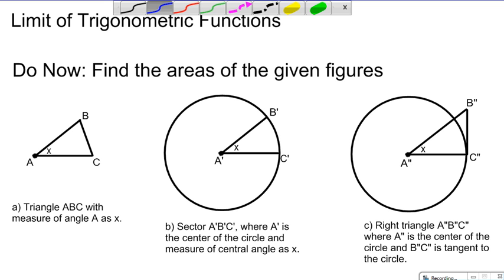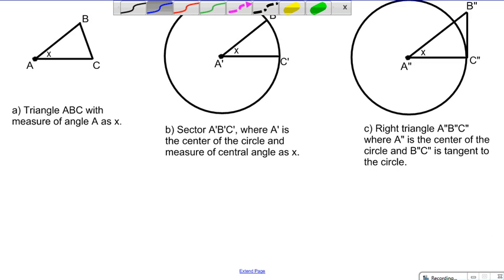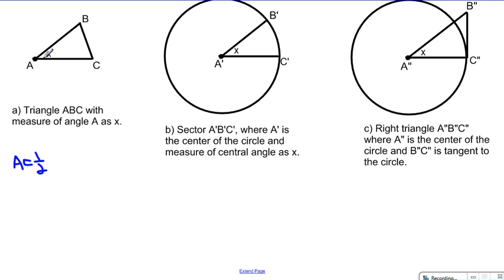Now, the first one, the triangle. How are we going to find the area of this triangle? Since the area of a triangle is 1/2 the length of one side times the length of the other side, let's assume this is equal to 1, this is equal to 1, and we are looking at the unit circle.